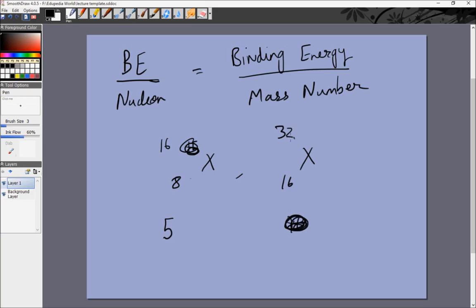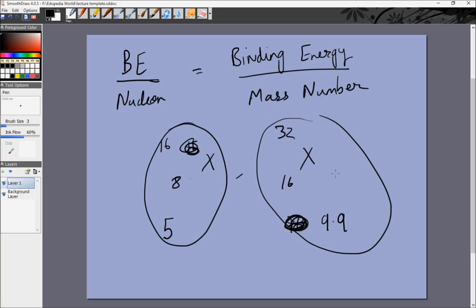If it ends up that this has a binding energy of 9.9 units, then this is actually less stable than the other one, because the binding energy per nucleon is smaller in this case. Yes, you have twice as many nucleons, but the energy is slightly less than twice as much. Right. So binding energy per mass number, or binding energy per nucleon, is what decides the actual stability.